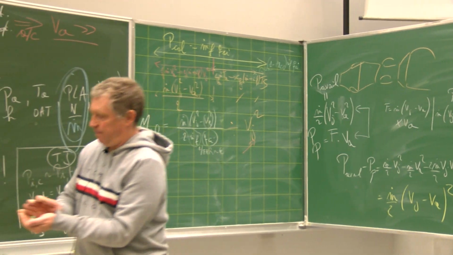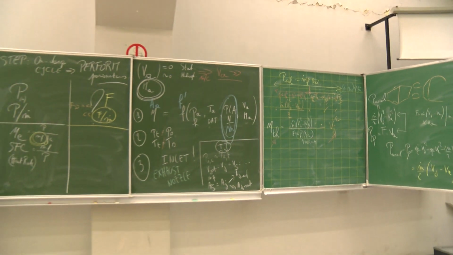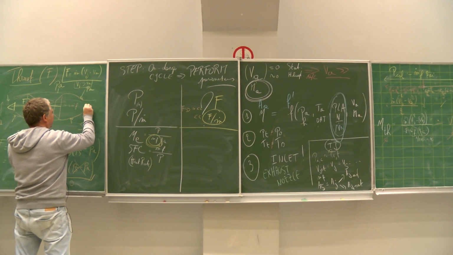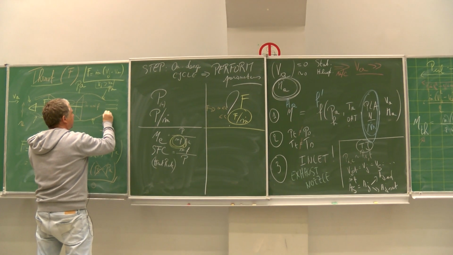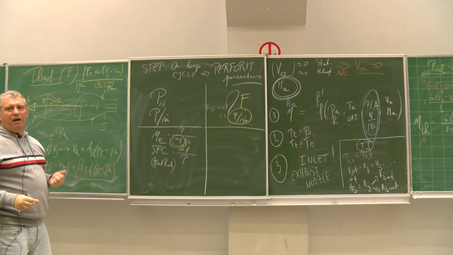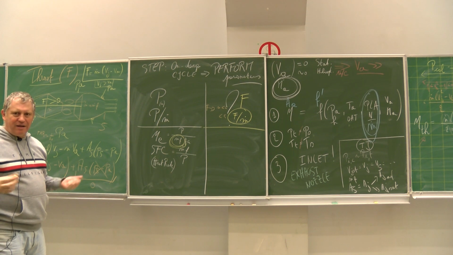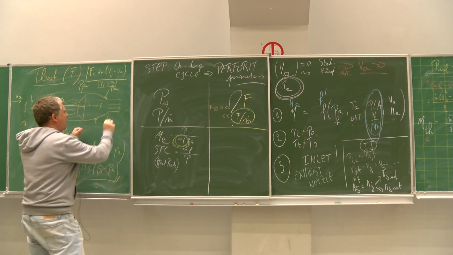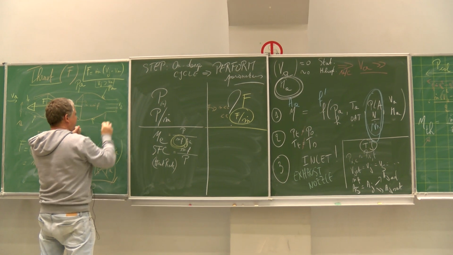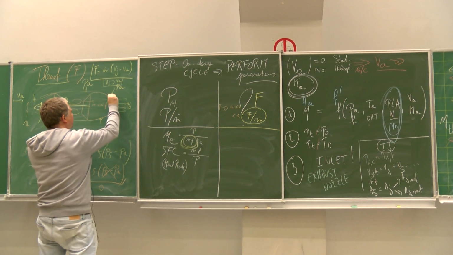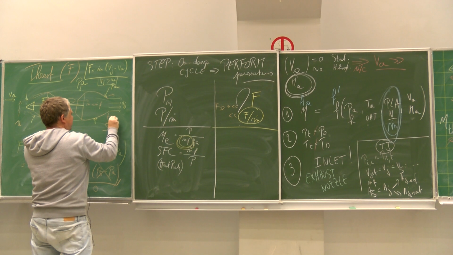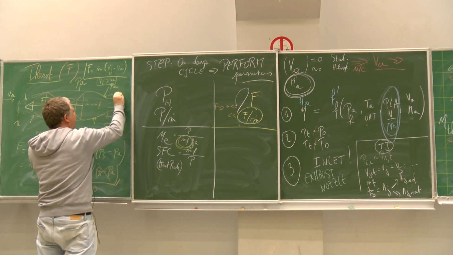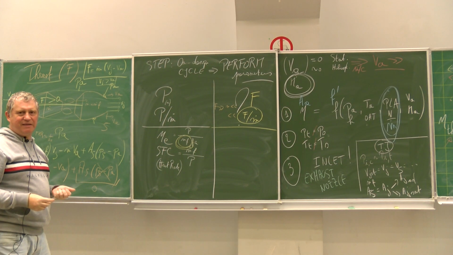What is this? This is due to the creation of the wake that you have behind the engine. You have a wake that is at Vjet in a flow that is at VA, because VA is much smaller than Vjet.